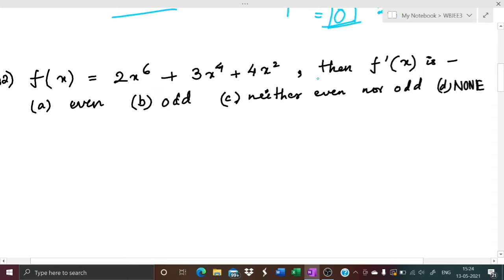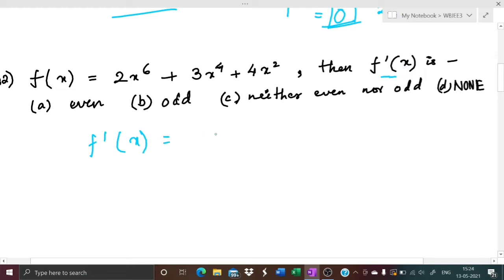Okay, we have to say whether f dash, now read the question carefully. Some students will just overlook this. You will read this as f of x and you will just calculate and give a wrong answer, but we will calculate f dash x. It has been asked to find f dash x. It is asking about the derivative.